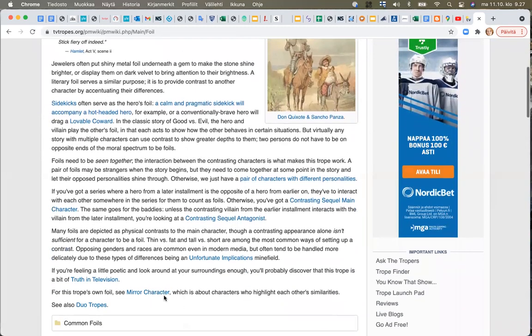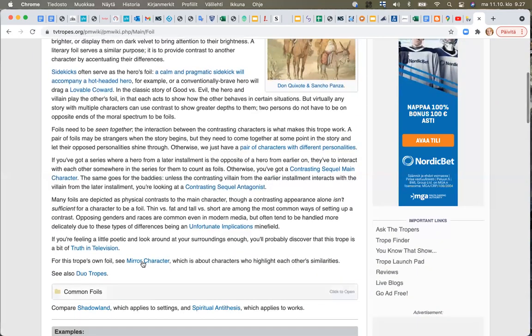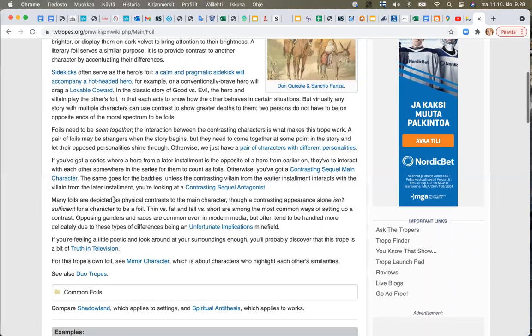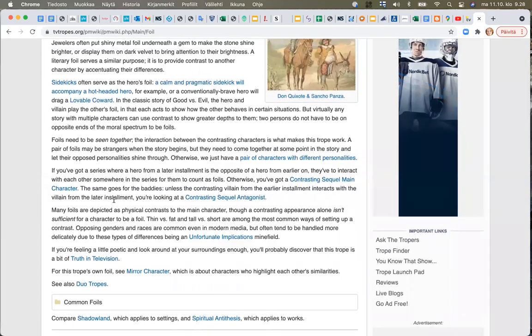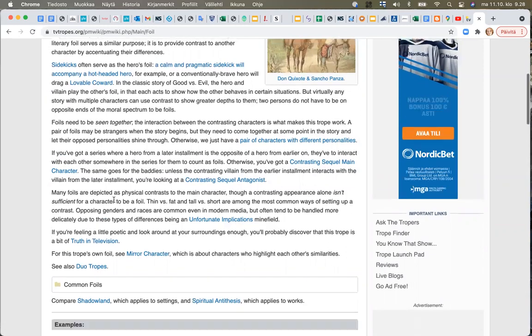So they need to be seen together. Sometimes they are depicted as physical contrasts to the main character. It could also be that the antagonist is the foil of the protagonist. So it doesn't have to be the sidekick necessarily.